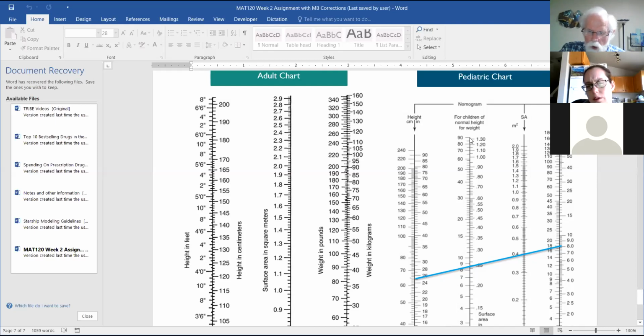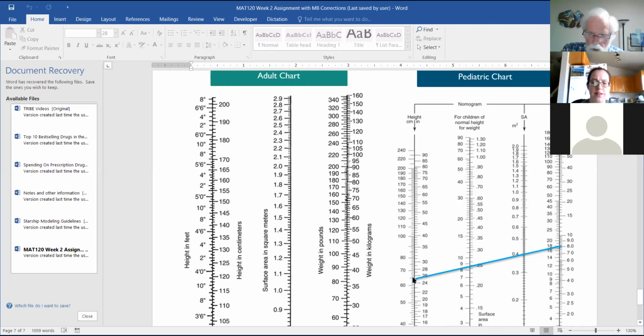If they are normal, and usually you'll see that in the problems, you'll be told that the child is normal height for weight. If it's not stated that they're normal height for weight, then assume that they are not. So if they are not normal, again, we use this surface area. If they are normal, we simply read again.